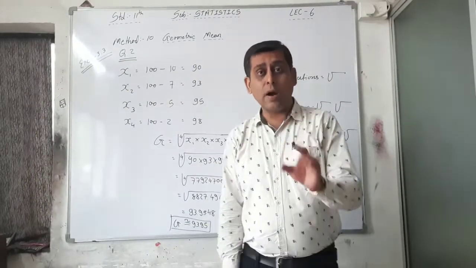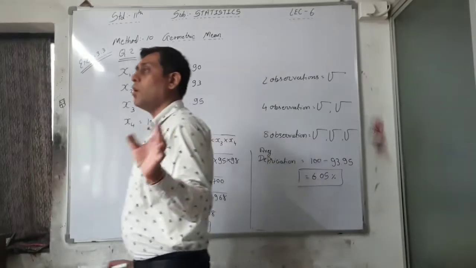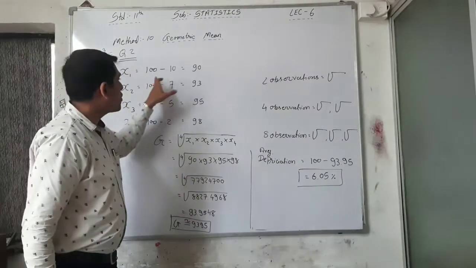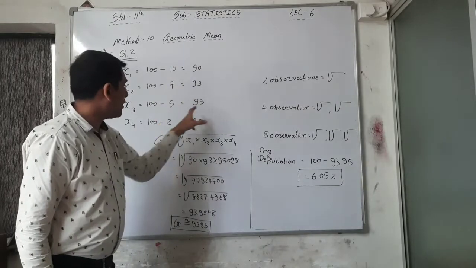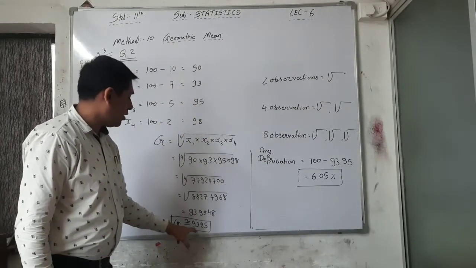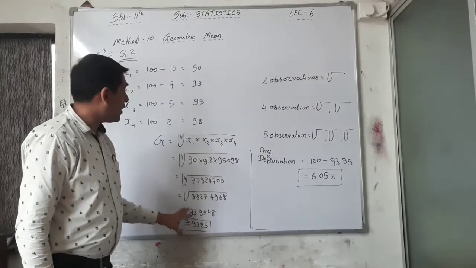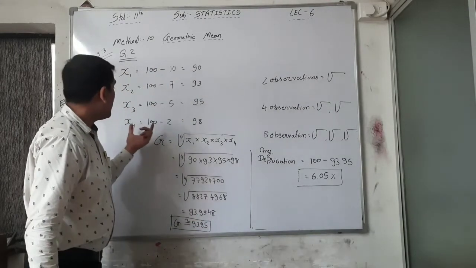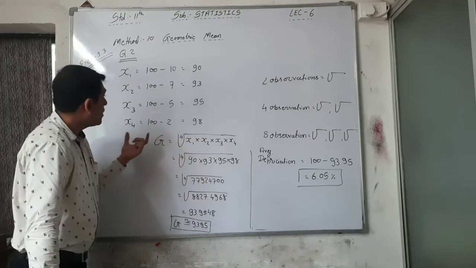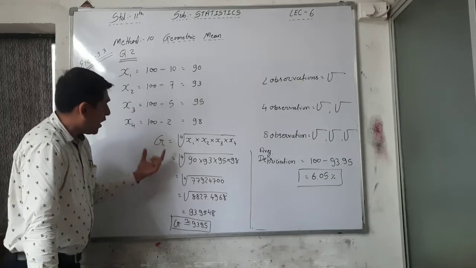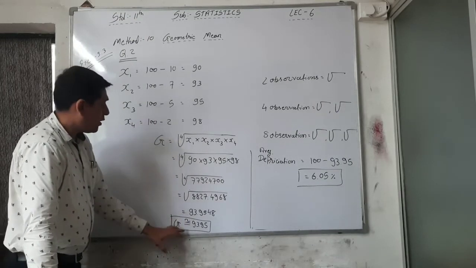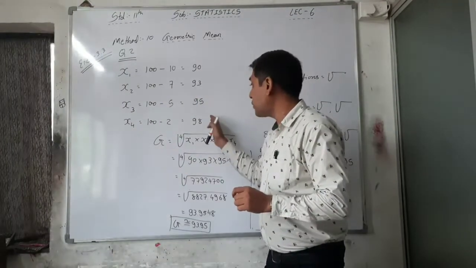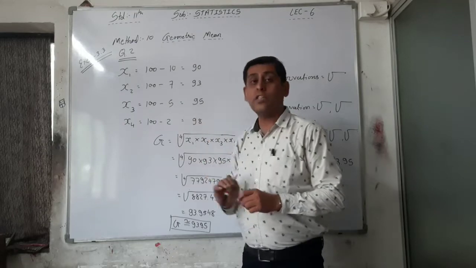depreciation rate. But whenever the depreciation or the population increase decrease percentage is given, first of all you have to subtract this and find out the answer, and after that if adding is here, you have to subtract here, and if add this, and then you have to find out the average. So here 93.95 is a geometric mean of these observation, but we want the geometric mean of these observation.